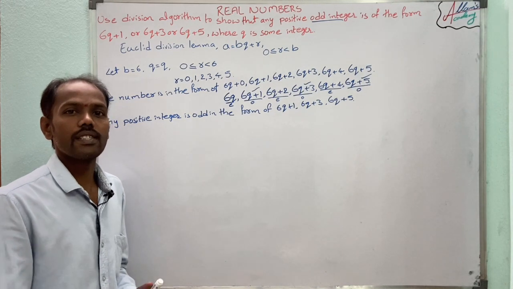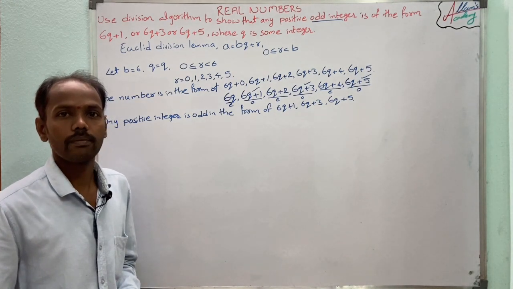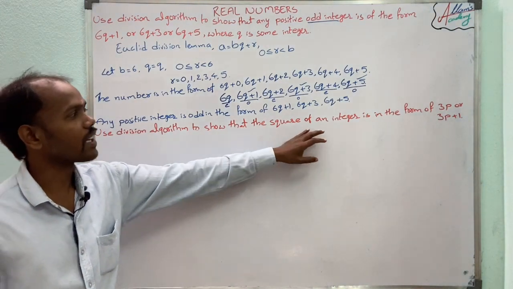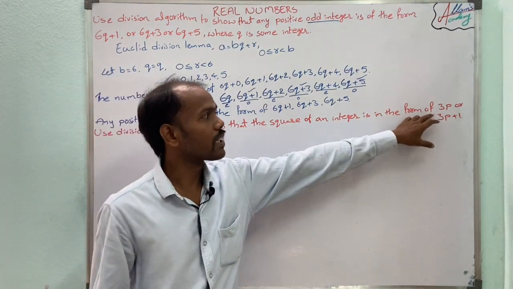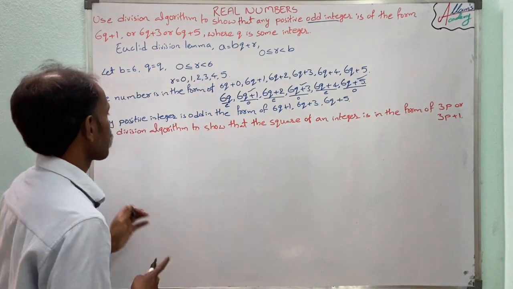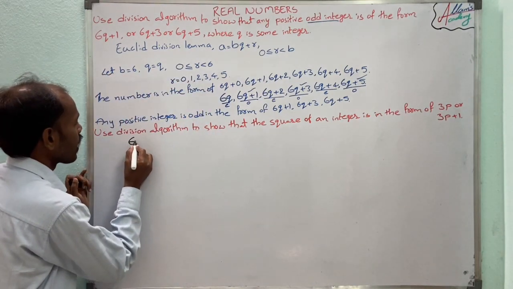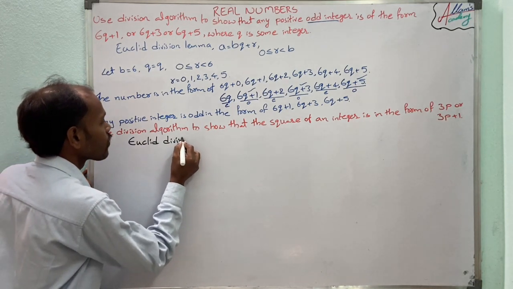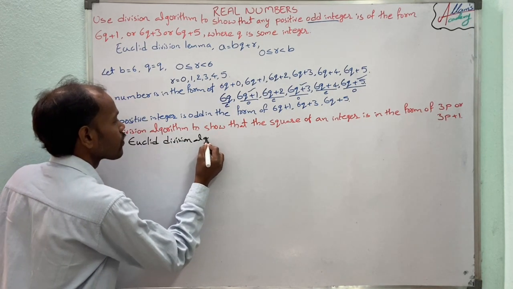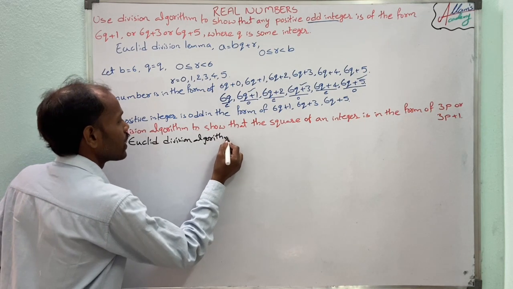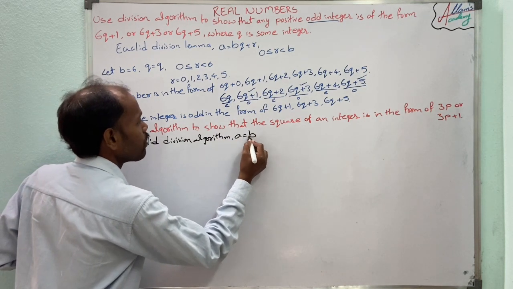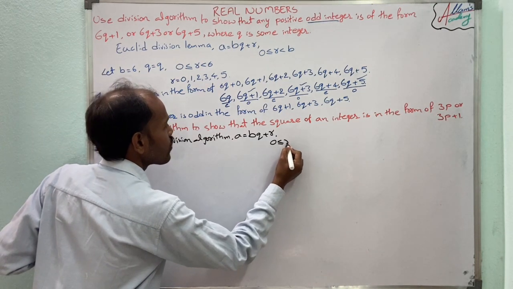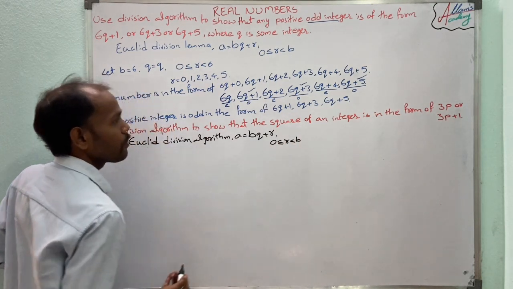Okay, now we see another problem. Use division algorithm to show that the square of an integer is in the form of 3p or 3p plus 1. So the Euclid division algorithm is a equals bq plus r, and here the remainder is 0 less than or equal to r less than b.